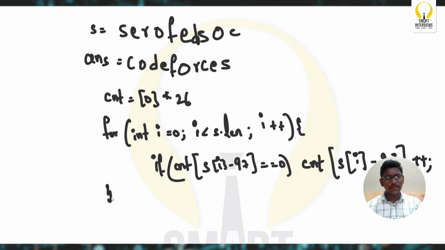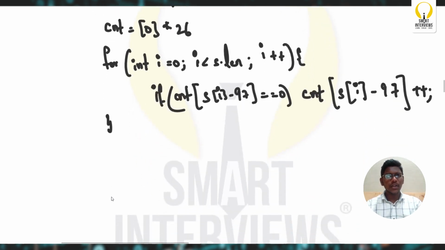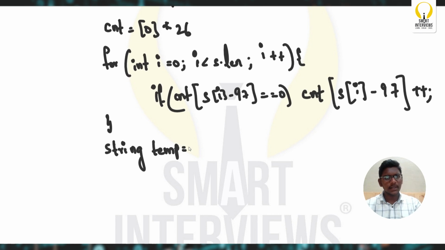So after this, you have to consider some temporary string. Let's say this is your temporary string, or we just write the exact syntax for reference. Okay. Now we'll consider an empty string temp. Now we'll just iterate through the count array.